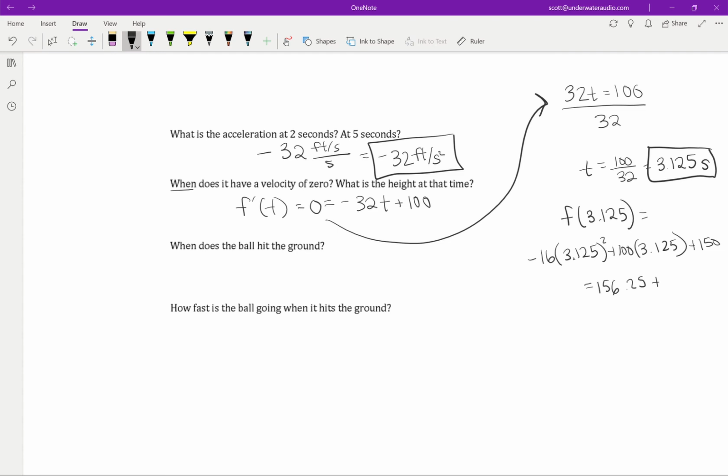Then 100 times 3.125 is 312.5, plus 150.